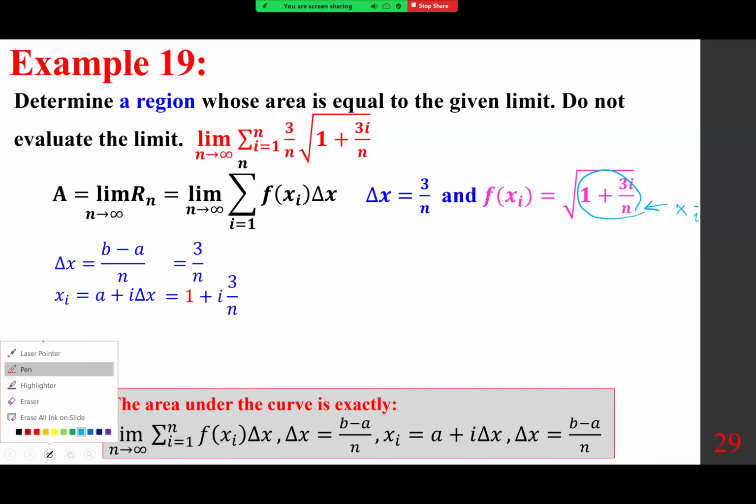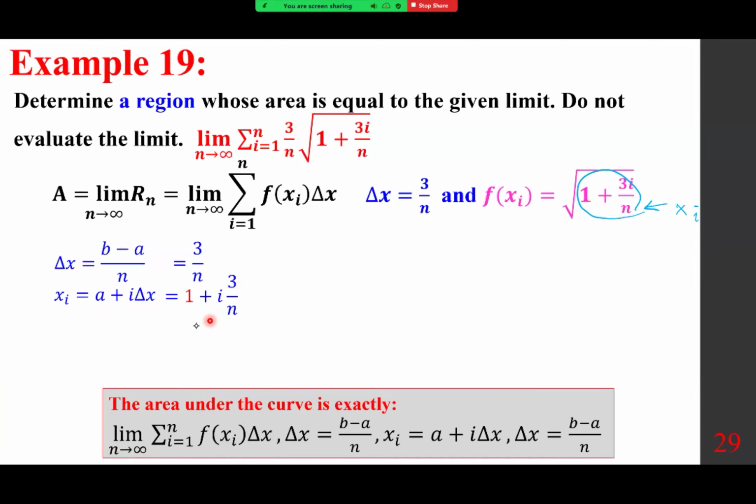And so we're going to write 1 plus, instead of writing 3i over n, I want to separate them as i times 3 over n because I want them to look like that. So if this is delta x, 3 over n, so far so good, everything looks good.